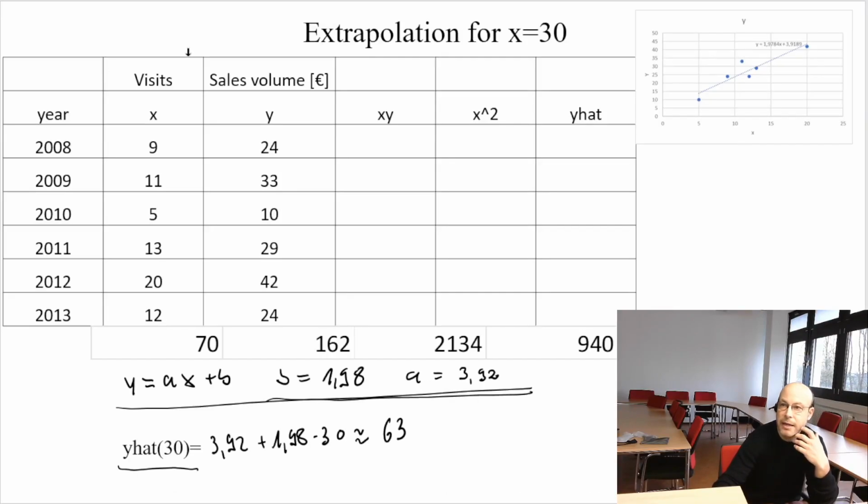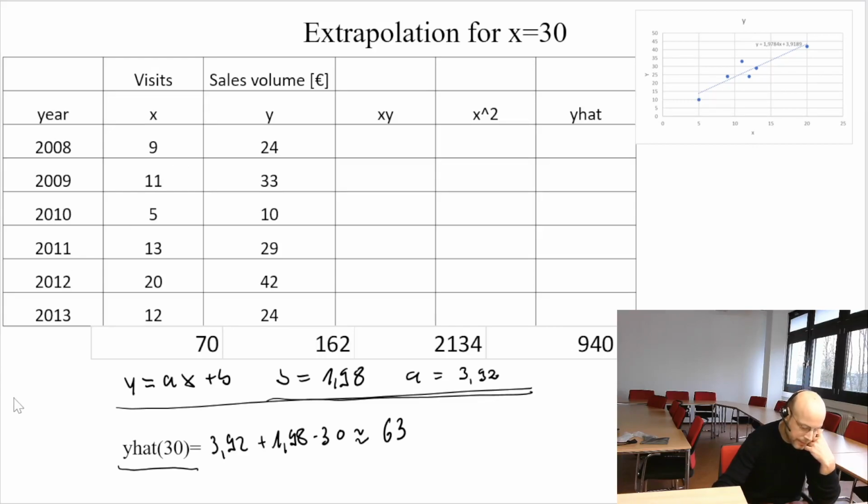What we have just done here is that if we increase our visits by one visit, then the linear regression means that we will increase our sales volume by 1.98, or roughly 2 euros. Nothing else. This is the so-called marginal impact of our independent variable x, visits, on the sales volume.